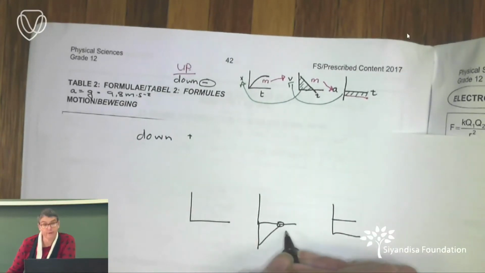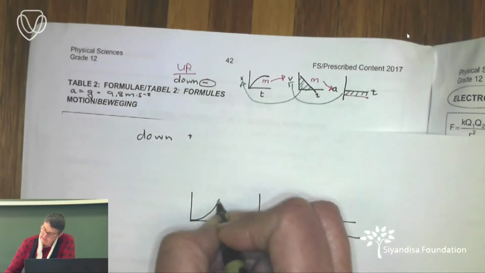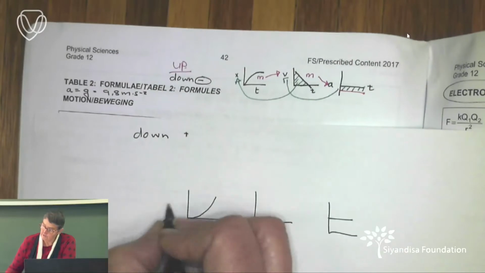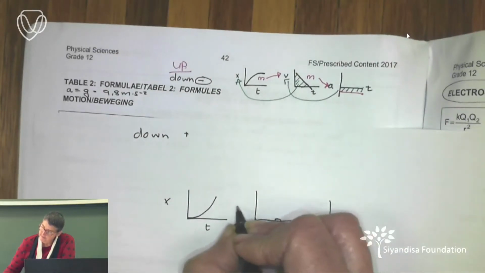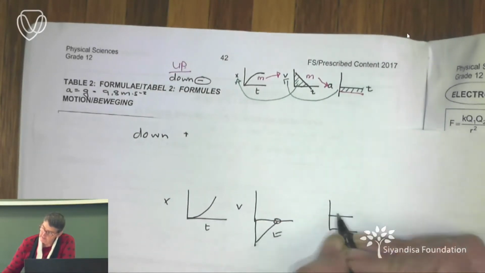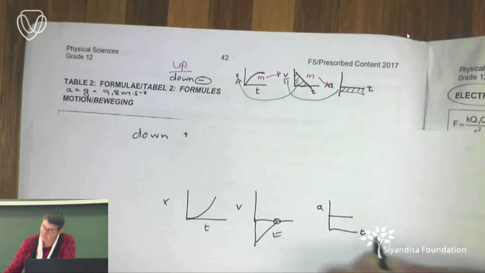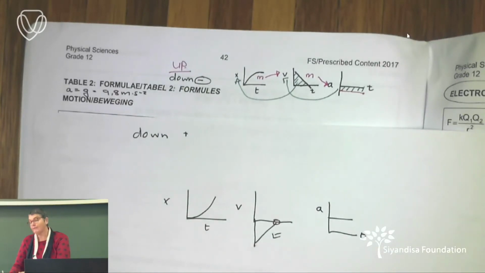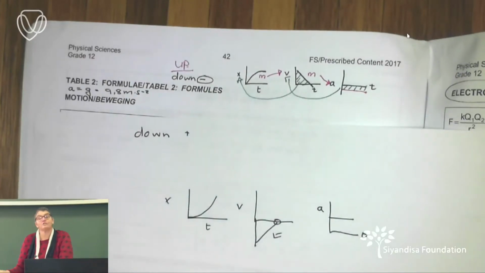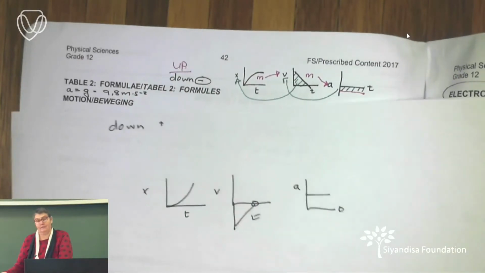That's a positive gradient, and then this must also have a positive gradient. So this would have been my position-time, this would have been my velocity-time, and this would have been my acceleration-time. Basically, they are mirror images of each other. So that is why I just draw the one and remind myself of that.